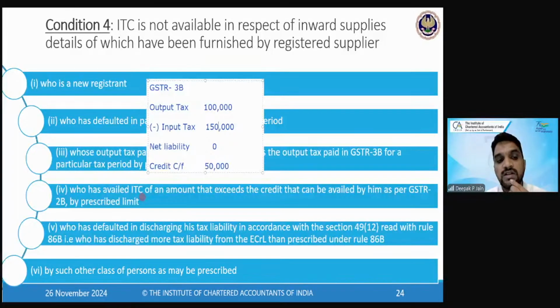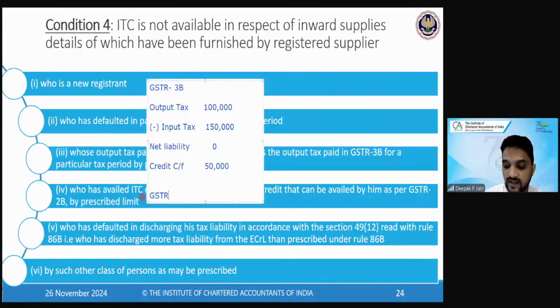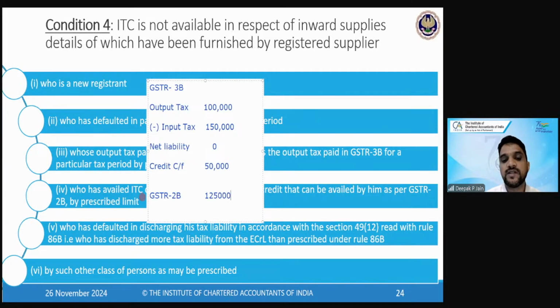Now, the fourth criteria says, you have claimed this input tax credit of 1,50,000 rupees. But when you see your GSTR 2B, the credit is only 1,25,000 rupees. But you have claimed 1,50,000 rupees. तो 25,000 आपको benefit हो गया ना?